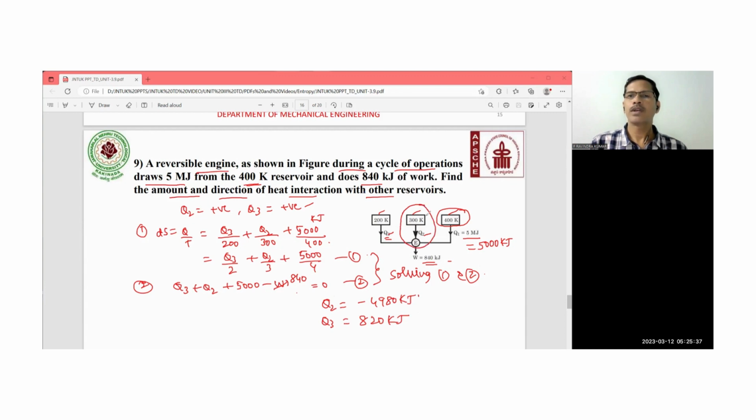That means here the direction is opposite. Q2 is minus 4980, but Q3 is correct, that is 820 kilojoules. So that is one case.